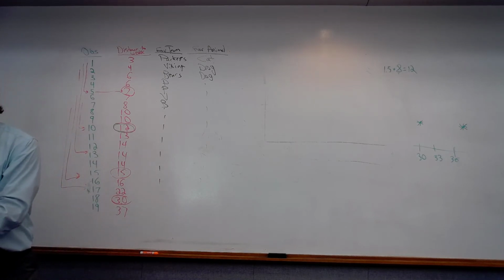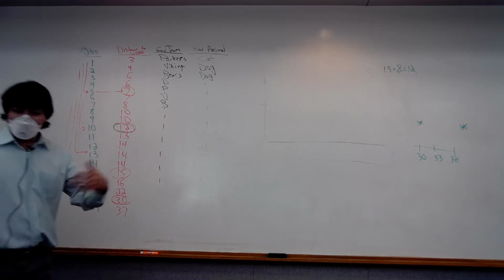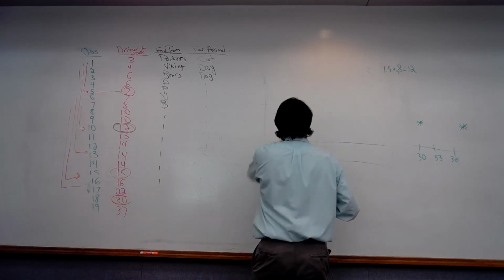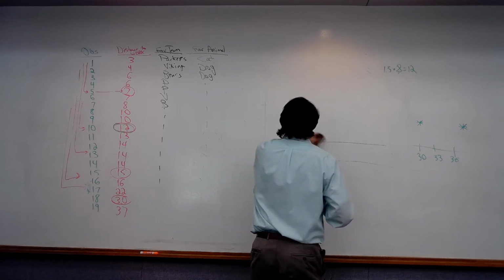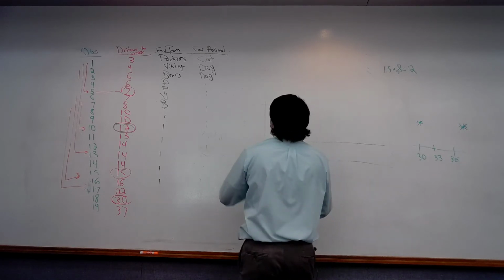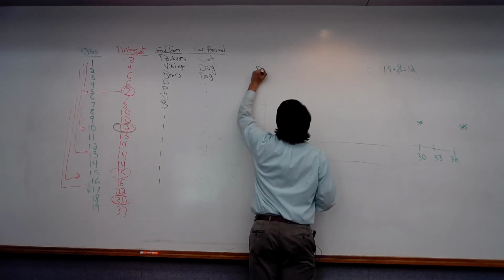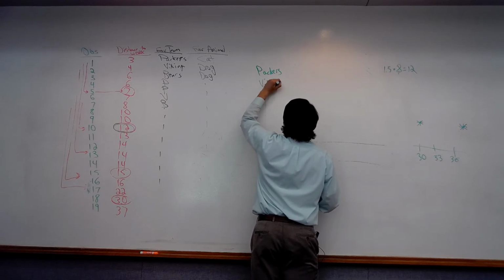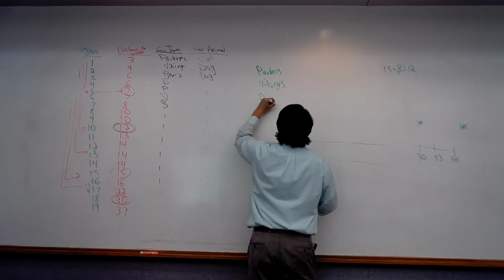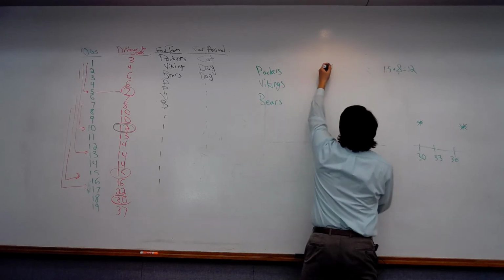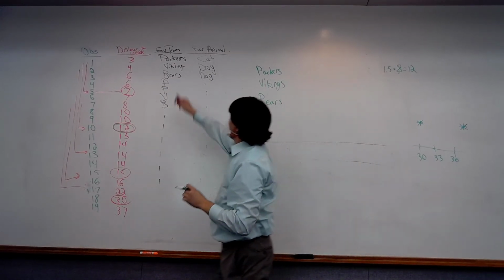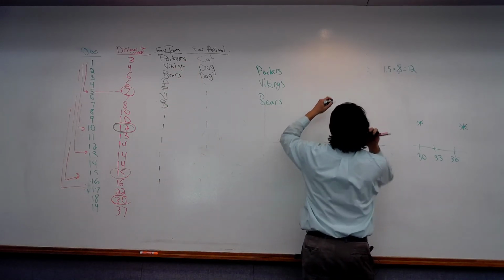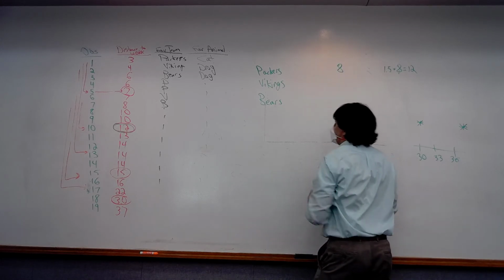I said a contingency table is like two frequency tables pushed together, and it has in it the full frequency table. So, for instance, Packers, Vikings, Bears. What does a frequency table do? We would count up the frequency and say, okay, here's 1, 2, 3, 4, 5, 6, 7, maybe 8 of them came out as Packer fans.